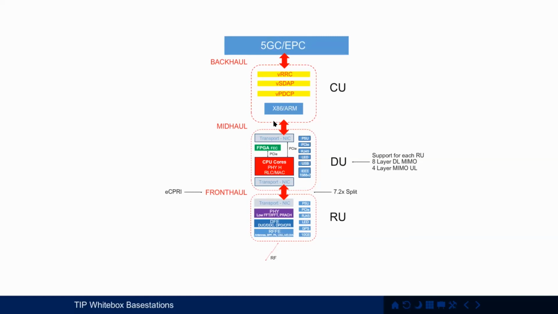And within the centralized unit will be the x86 processing platforms or ARM processors, and we can virtualize the higher layer protocols, such as the packet data convergence protocol, the SDAP protocol supporting traffic, and the layer 3 RRC protocol supporting signaling, and then backhaul connectivity back to the core network over the NG reference point.